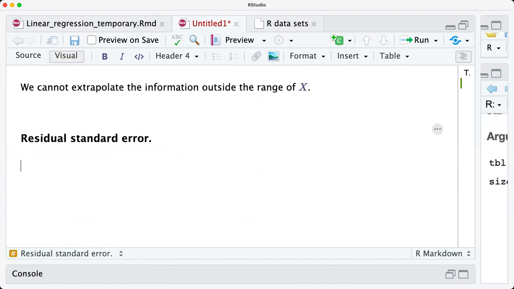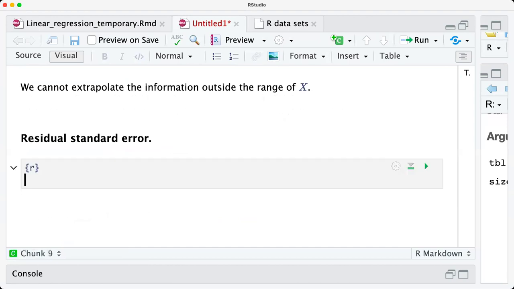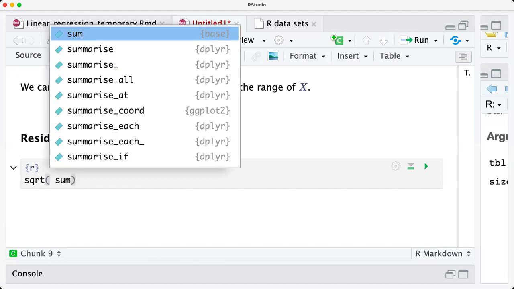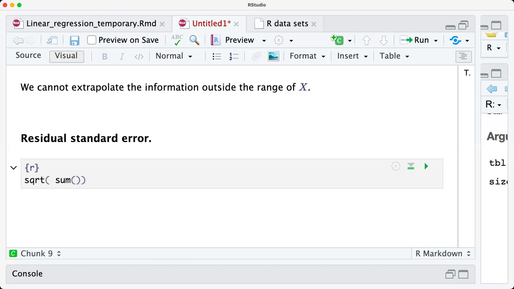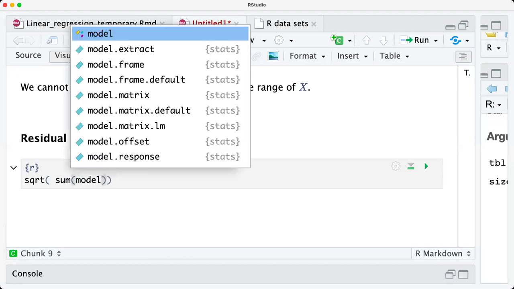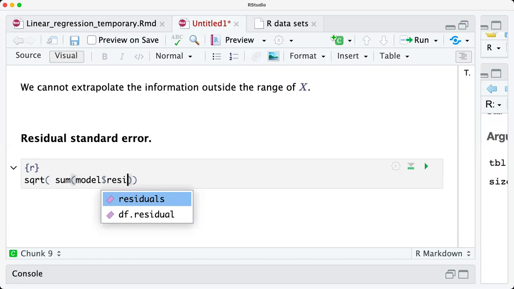Let's try to compute it. It should be the square root of the sum of the squared residuals, something like that. The residuals are saved in the variable residuals.